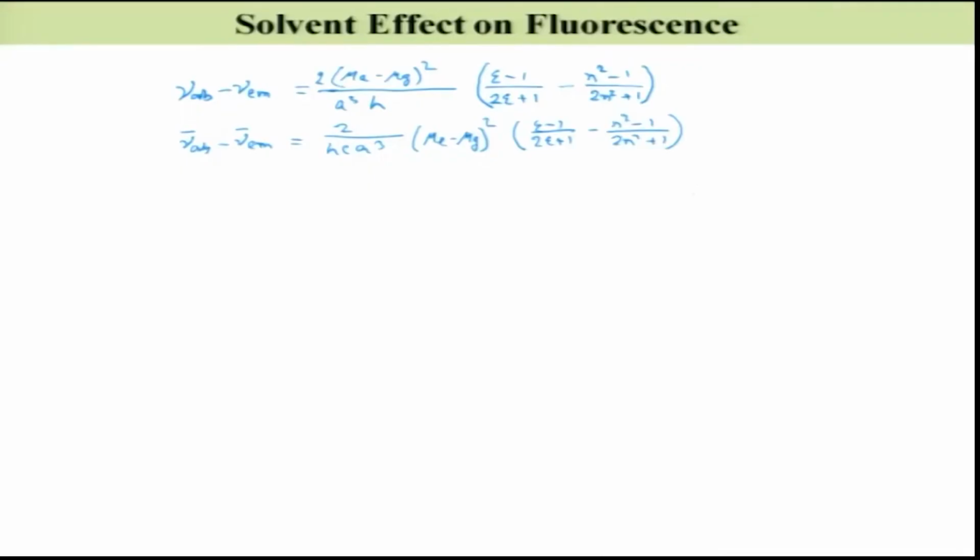So, if my absorption is like this, and in that particular solvent my emission is like this, then this is the difference, that is my Stokes shift. But as I have discussed earlier, what is the implication of Kasha's rule? Kasha's rule says that the emission will take place from the lowest vibrational level of the first electronic excited state.